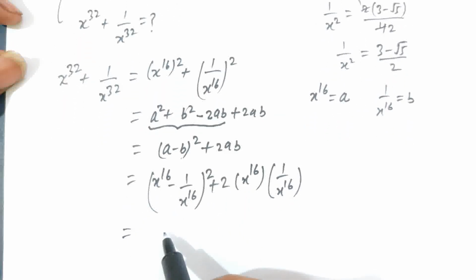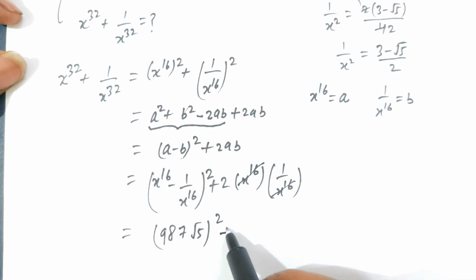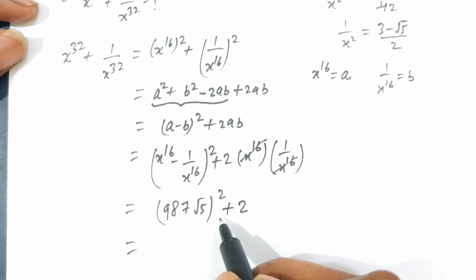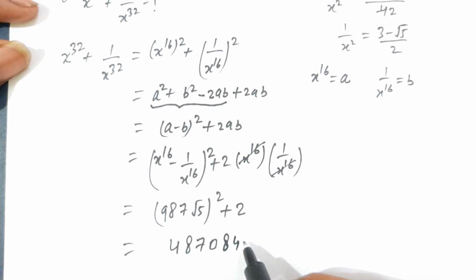So this is (987 times square root of 5) square, and this x power 16 and this x power 16 cancel out. So here plus 2. Now if you solve this number, then you will get 4870847. So this is our final answer.